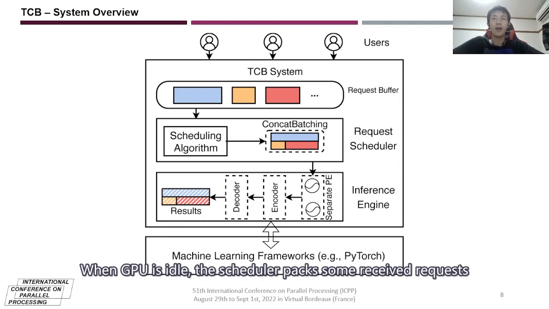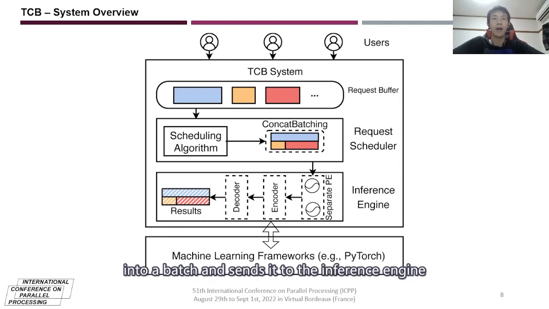When the GPU is idle, the scheduler packs some received requests into a batch and sends it to the inference engine. A request scheduling algorithm is designed to decide which requests should be batched together by jointly considering request concatenation, request deadline, and running speed of the inference engine.